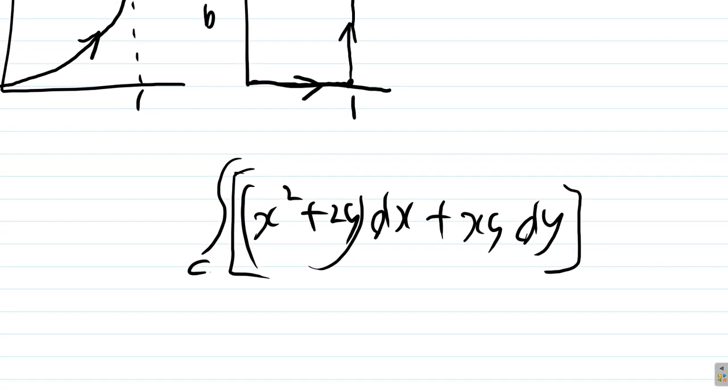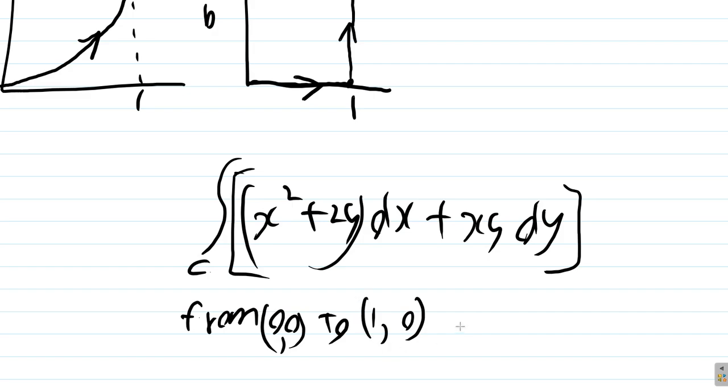Now, we're going from (0, 0) to (1, 0) along the x-axis, which is y equals 0. If we go straight across, then the thing is, what is y? Think about it. What is y and what is dy?